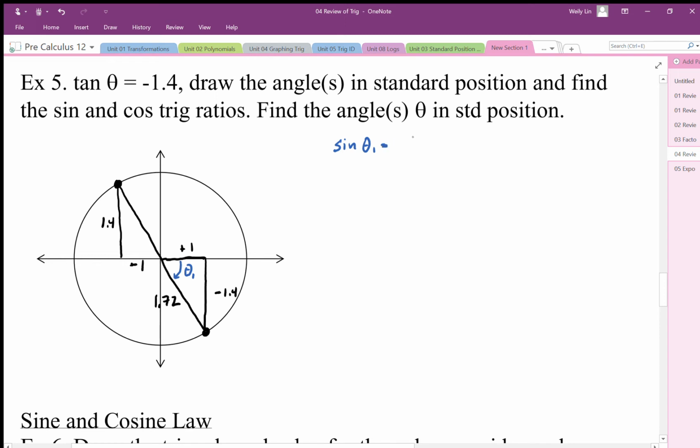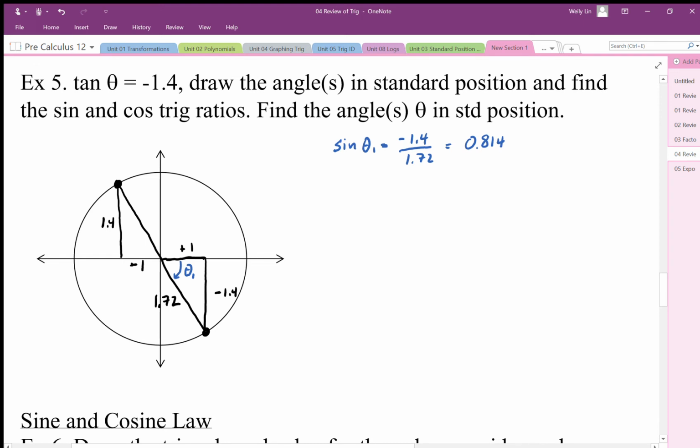So sine of theta 1 is going to be negative 1.4 over 1.72, which is about 0.81. I'm going to round that to 0.814. So there's my sine ratio for theta 1.